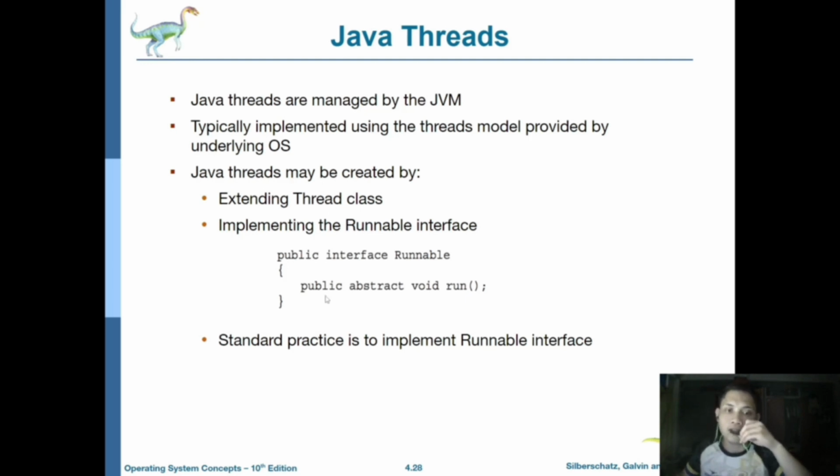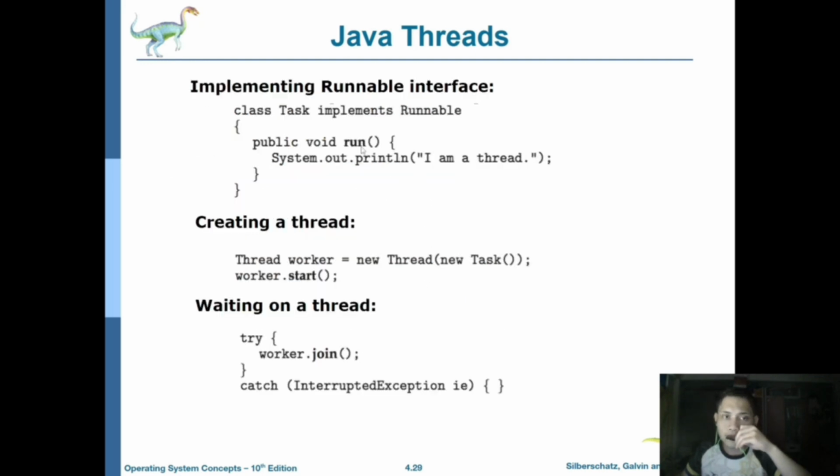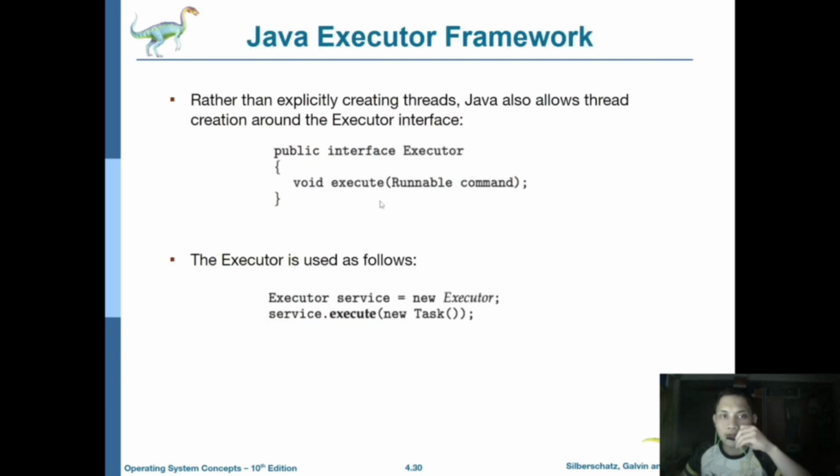This is an example of implementing the Runnable interface. The standard practice is to implement the Runnable interface. So this is implementing the Runnable interface, creating a thread, and waiting on a thread. So we can see the example for Java threads.